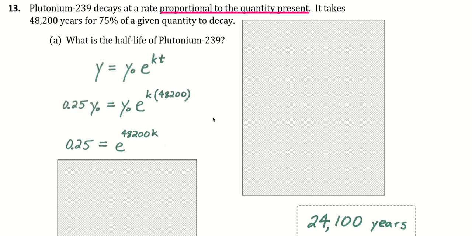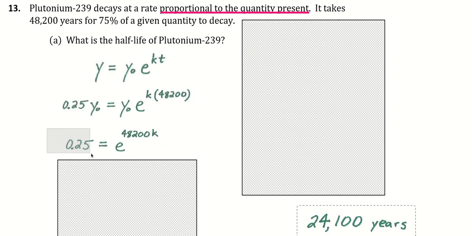Like you could put 100 right here, 100 grams, and over here you could have 25, which would be remaining after this many years.